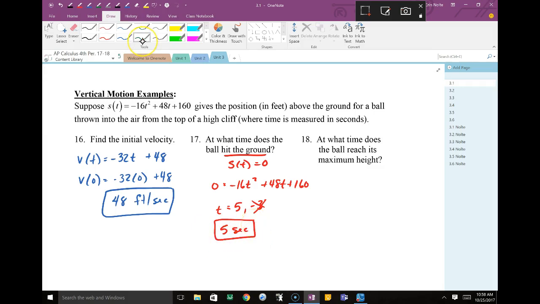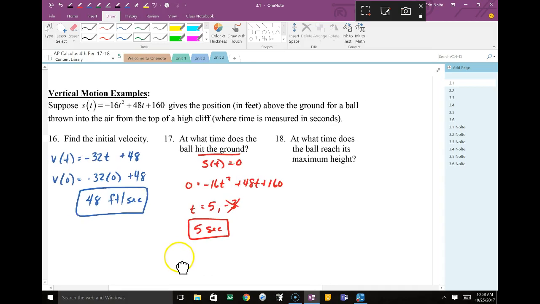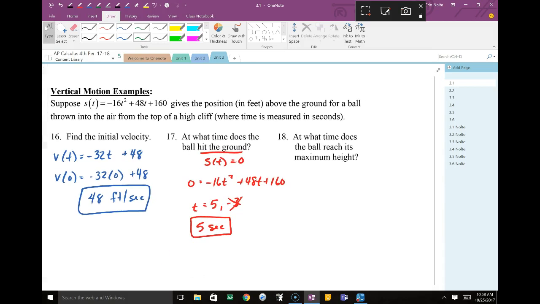Okay, last question. At what time does the ball reach its maximum height? What do you think about that one? You could just go like that, but it would be way cooler if you use calculus.